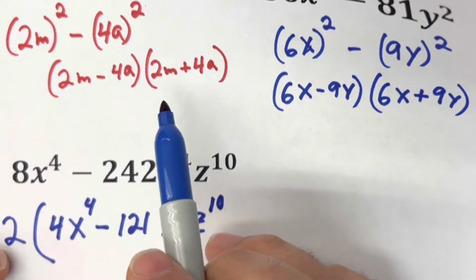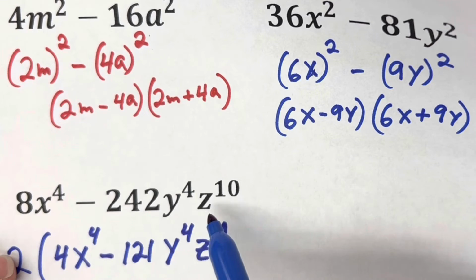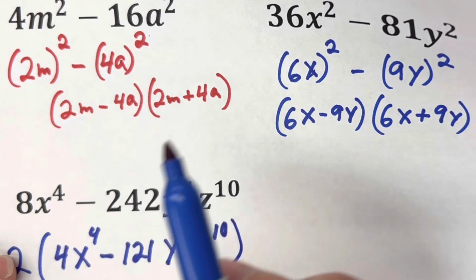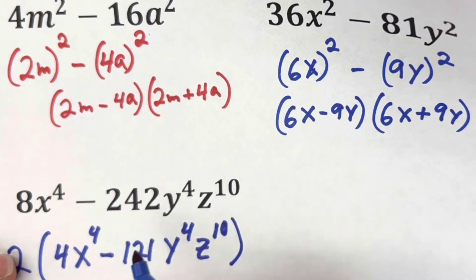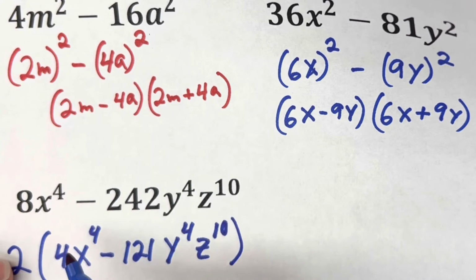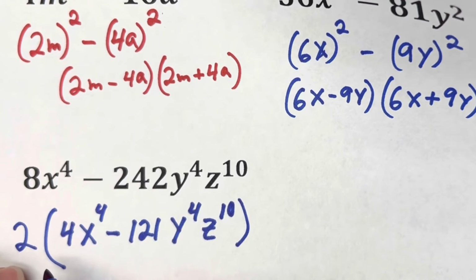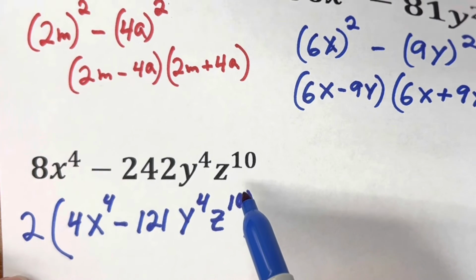Now in the previous one we had exponent 2 on the letters, but now we have a 4 and a 10. And remember the factoring is difference of squares. So I need to write this exponent 4 as a square. And that's what we're going to do now. I'm going to rewrite this in a way that the exponent will be just 2.